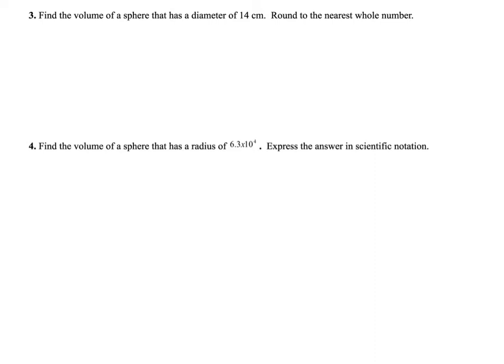Next one is a sphere. A sphere, remember that the volume is 4/3 radius cubed times pi, and our radius is half of 14, so it's 7. So our volume is going to be 4/3 times 7 cubed times pi.